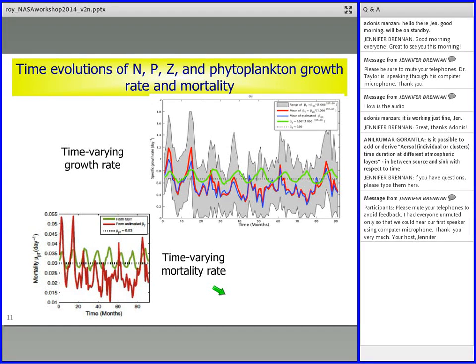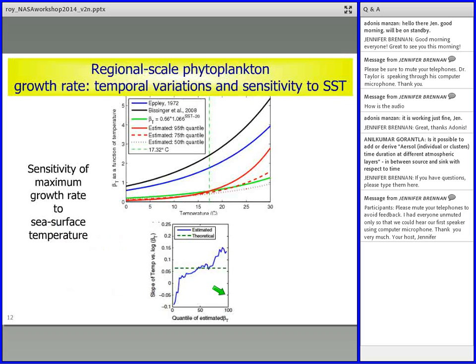Now, if we look at the estimated time series much more carefully, we see something very interesting. This is the growth rate of phytoplankton against sea surface temperature. And these are the curves known as the functions defining how phytoplankton growth changes with temperature. These are the Eppley curve, which was later modified by Bissinger et al. 2008.